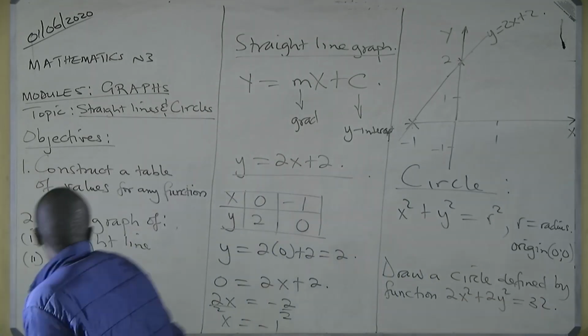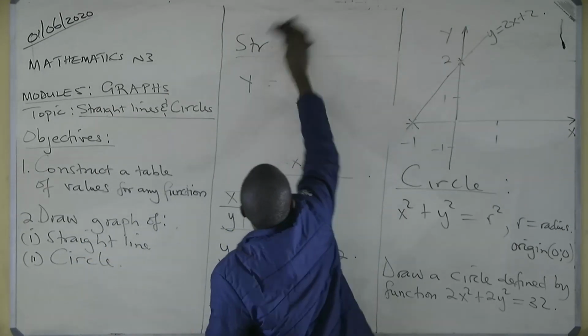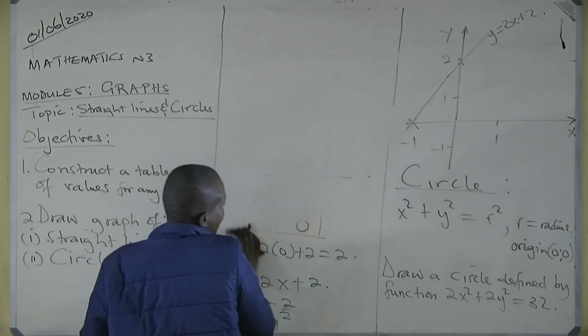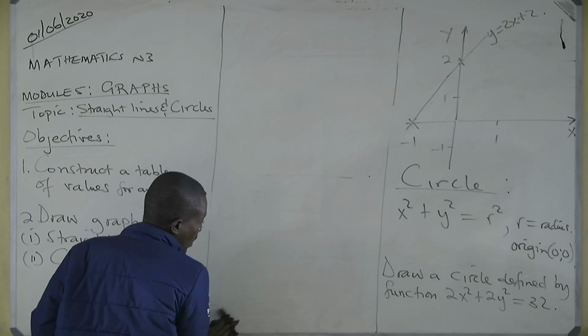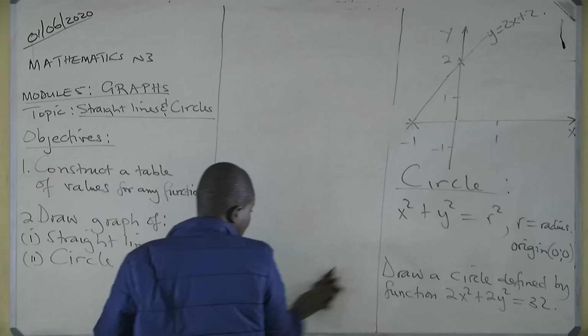That is the example that I want us to look at. So I want to draw a circle that is exemplified by the function 2x squared plus 2y squared is equal to 32.